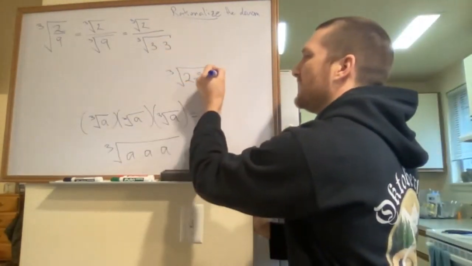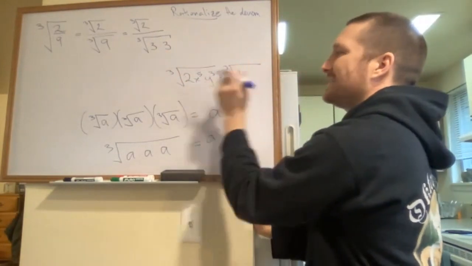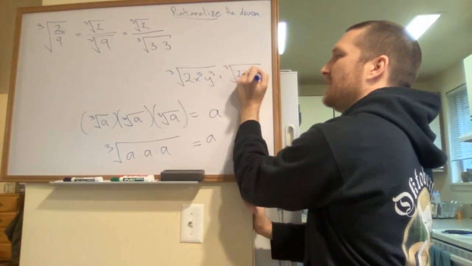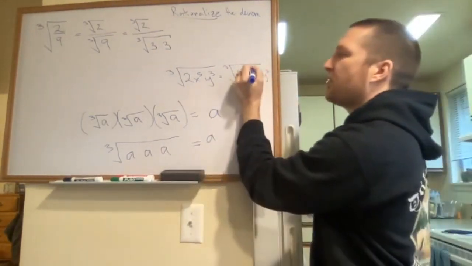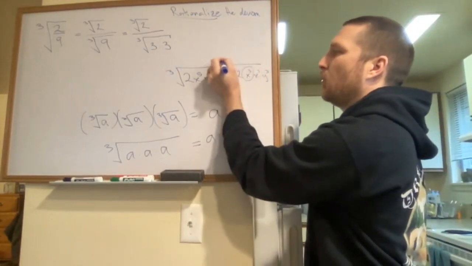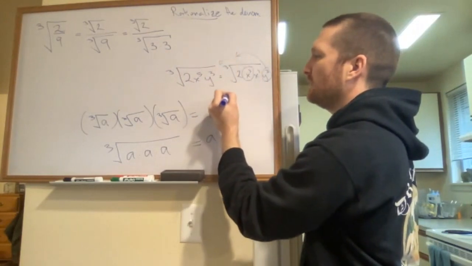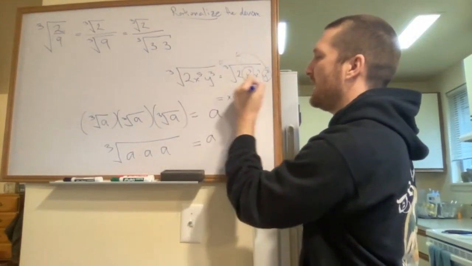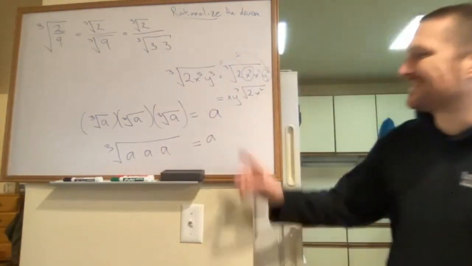And so this right here, the cube root of 2 times x to the 5th is x cubed times x squared, y cubed. And so you say, I have 3 of these guys together, I get to pull one of them out. 3 of these guys together, I get to pull one of them out. And so I'm left with 1x, 1y, cube root of 2x squared is what remains inside.